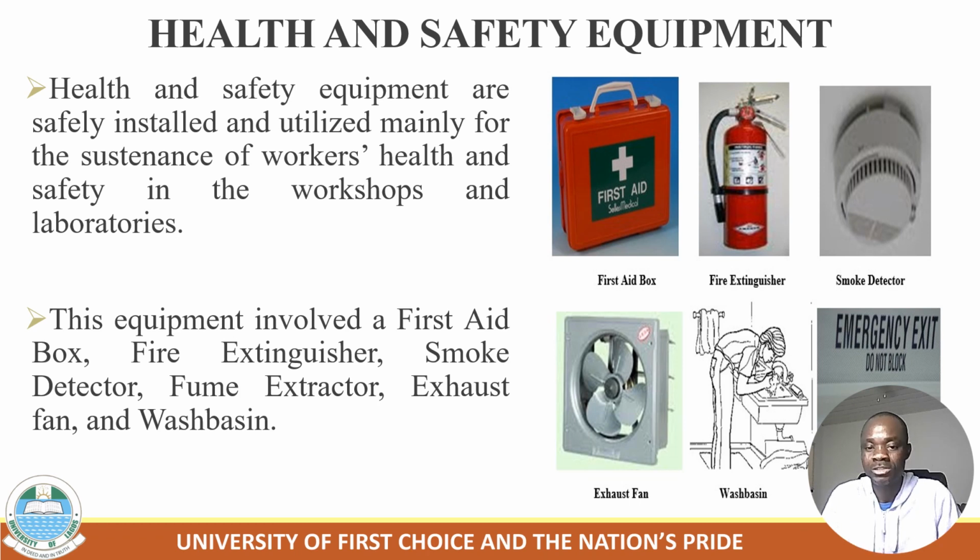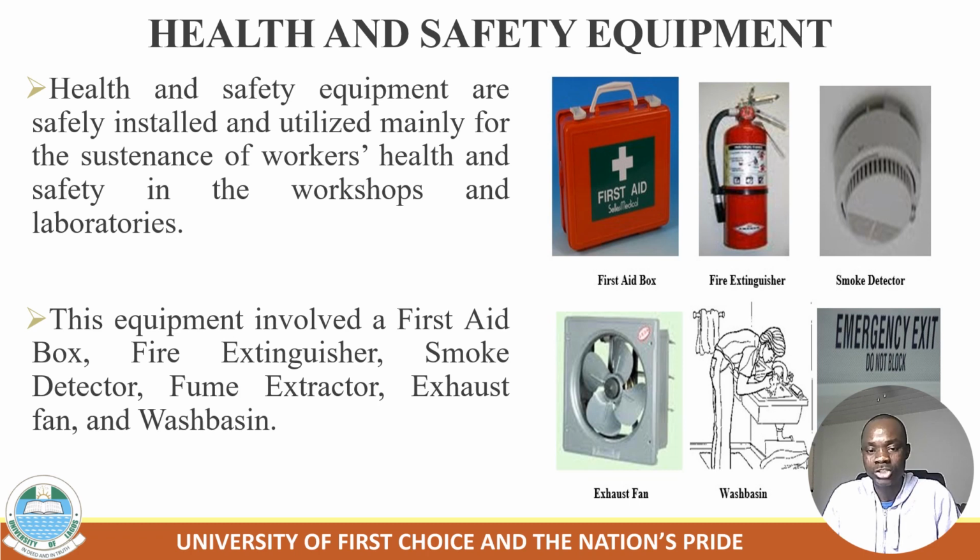The first aid box contains medical materials. If anybody sustains a minor injury in the workshop, there's iodine there, even paracetamol, cotton wool, among others. So it contains medical materials to treat minor injuries in the workshop.